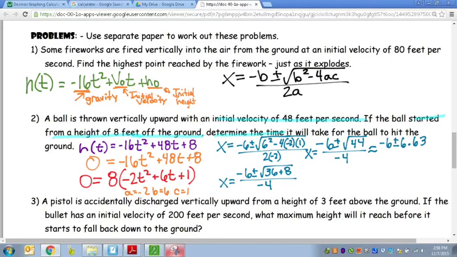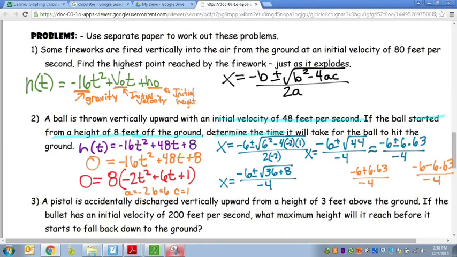All right, 6.63 over negative 4. So I have two different answers here. I have negative 6 plus 6.63 over negative 4, and I have negative 6 minus 6.63 over negative 4. Okay, so let's go ahead and plug in those answers.